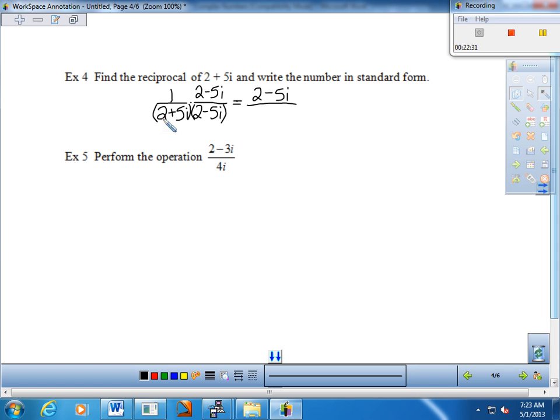All righty, guys. Well, if I do this, 2 times 2 is 4. I'm just going to write this below just because I'm thinking about it. Remember, the outside and inside cancel. And then we get minus 25, 5 times 5, i squared. And remember, i squared is negative 1. So instead of minus 25i squared, it becomes plus 25.